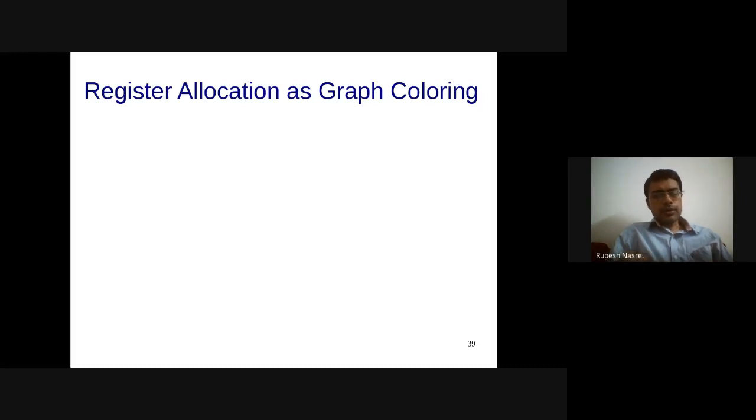For showing that it is hard, we have to reduce the graph coloring problem to register allocation. But let's assume that that has already been done. What we want is a mapping from register allocation, that I want to allocate variables to registers, and that I can cast into a graph coloring problem, so that if I have an algorithm to solve graph coloring, I will be able to solve the register allocation problem.